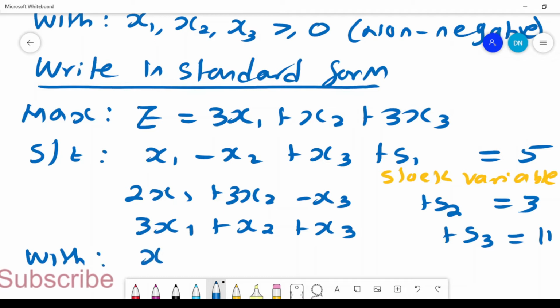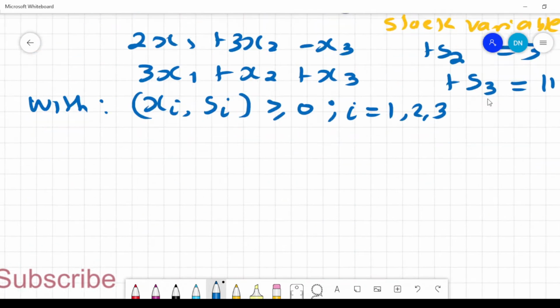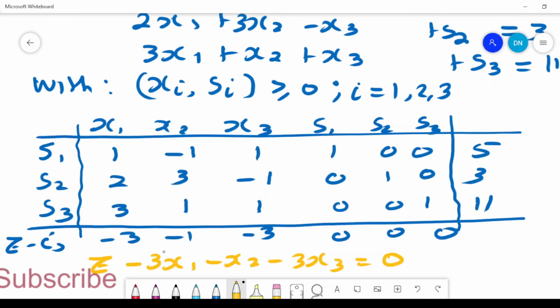So with xi, si, they are all greater than or equal to 0. And that means i is equal to 1, 2, and 3. We want to write this in matrix form, and then we'll be able to continue and solve the problem. So for our matrix, which we have written down, on the left-hand side, S1, S2, and S3 are our slack variables.